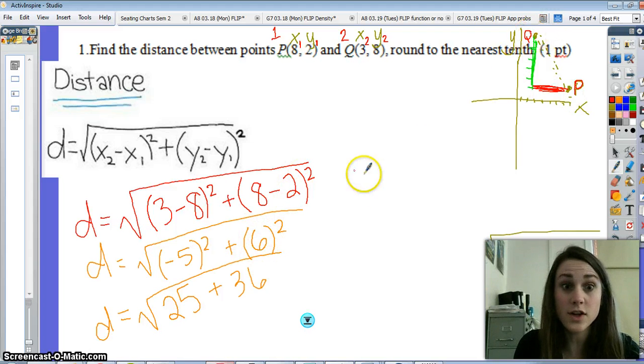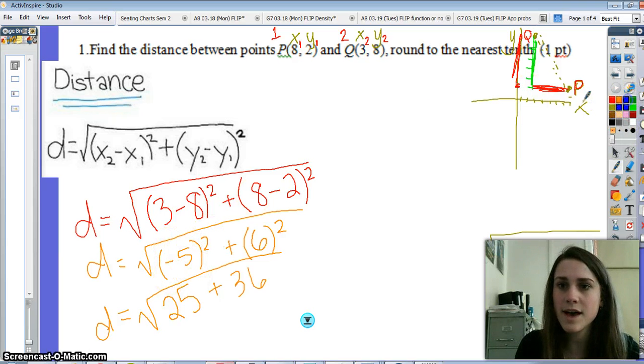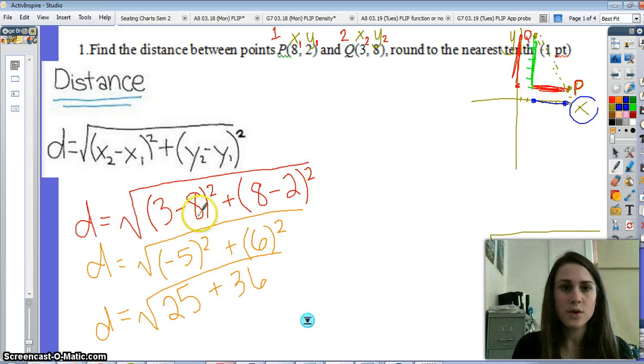If I were to graph this better, 1, 2, 3, 4, 5, 6, that's the distance between the y values. I could draw a line here. And there's a distance of 5 between my x values. If I were to count the number of boxes on the x-axis, there's 1, 2, 3, 4, 5 boxes between those x coordinates of these 2 points.